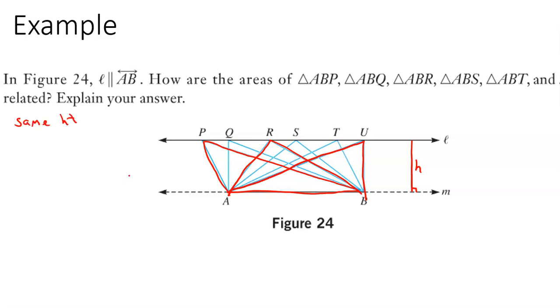And then look at their bases. You notice that in every triangle I've drawn so far, AB is the base. So if these triangles have the same height and the same base, then if the only thing I need to find the area is base and height, then all the areas are equal.